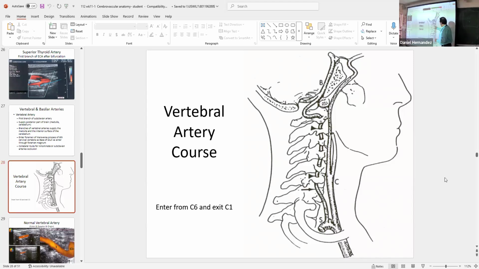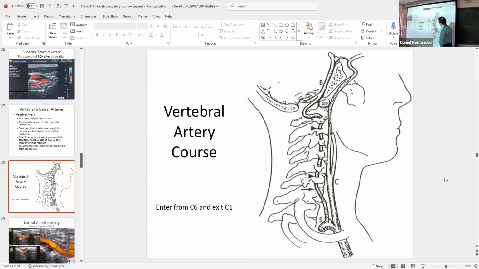So here's each vertebra of the spine, and it's passing through the bone through that little foramen or opening in the vertebrae. When we image the vertebral artery, it has a very distinct image that we're going to try and get, that allows the radiologist, the doctor, or the surgeon reading your exam to know that this is the vertebral artery.